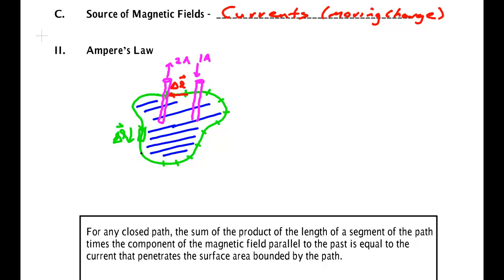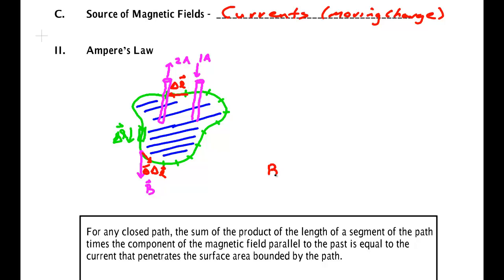So let's take this point here. Let's say that there's a magnetic field like that. And we have a small piece of the path, delta L, like this. And there is some angle between those two, right here.